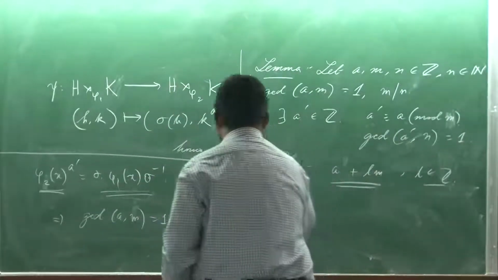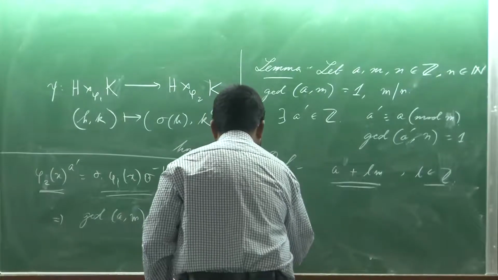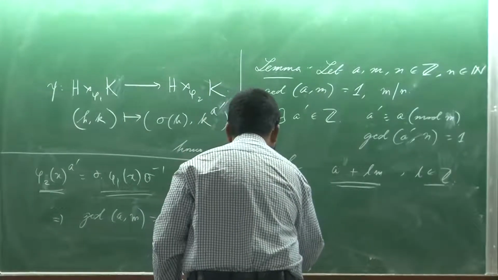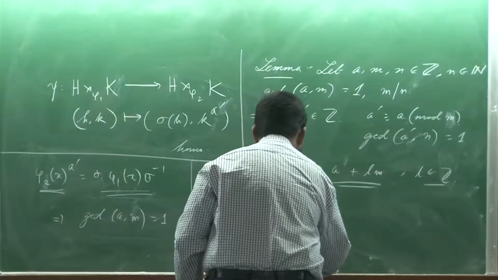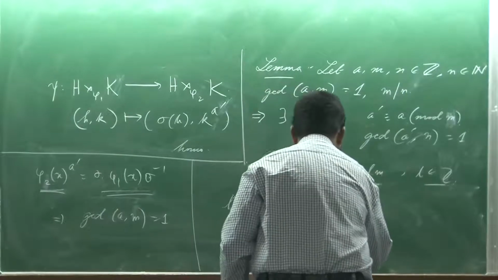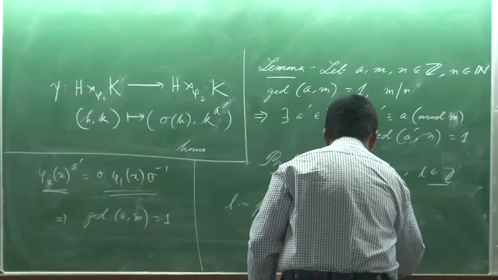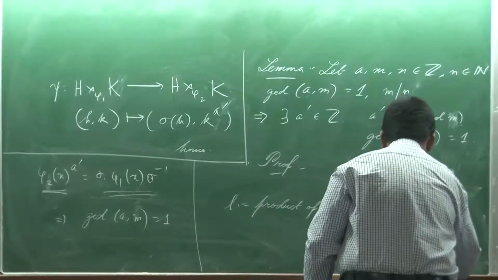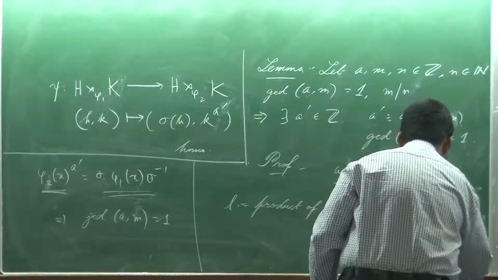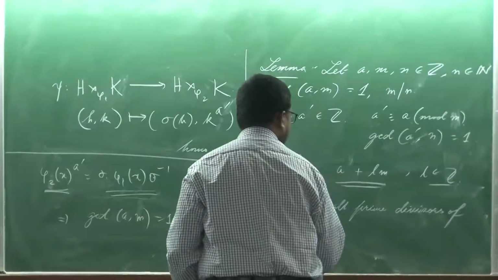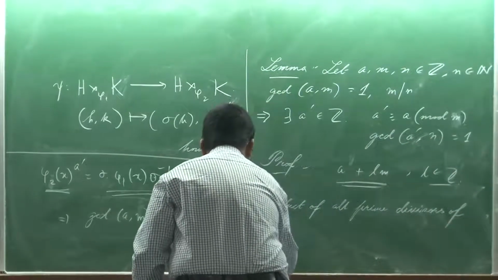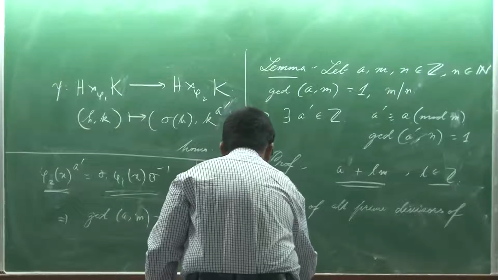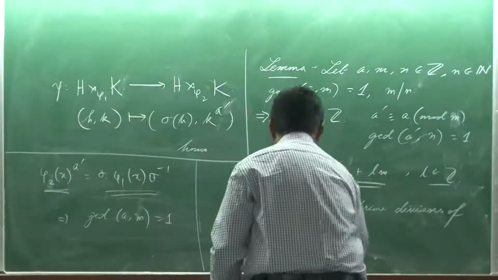So what you do is take the product of all prime divisors of n which do not divide A.